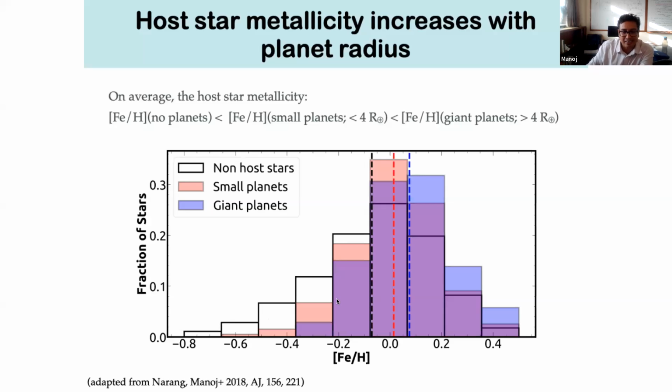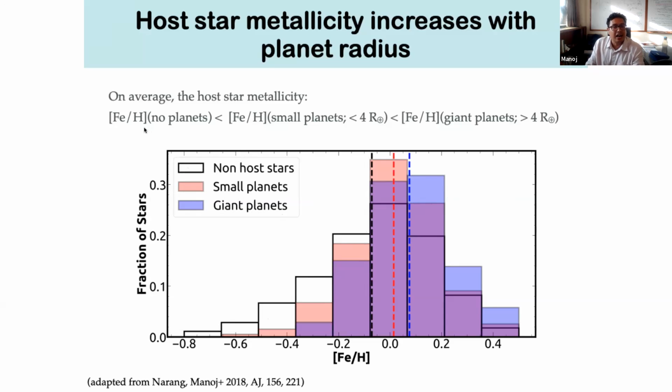Here is one representation of that. I have shown three histograms. The empty histogram is for stars which do not host planets, the beige histogram is for stars hosting small planets, and the blue is for stars hosting giant planets.